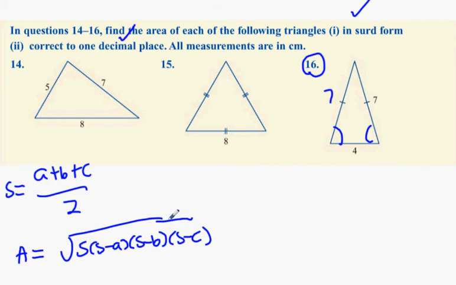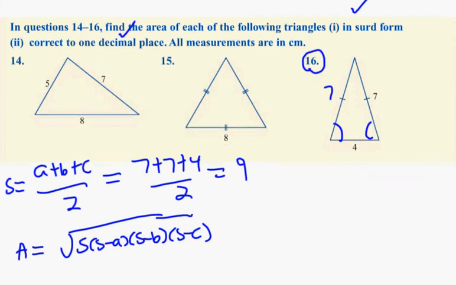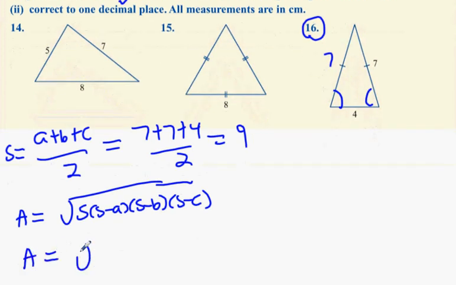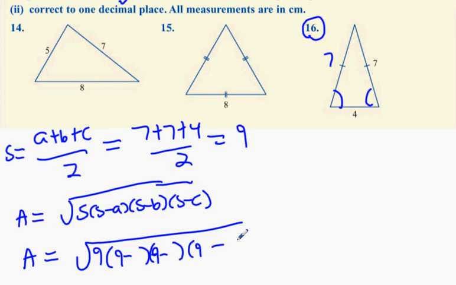Disadvantages: it's longer and you have to do a bit more calculator work. 7 plus 7 plus 4 all over 2 gives me 9. The area therefore will equal 9 minus something, 9 minus something else, and 9 minus something else.